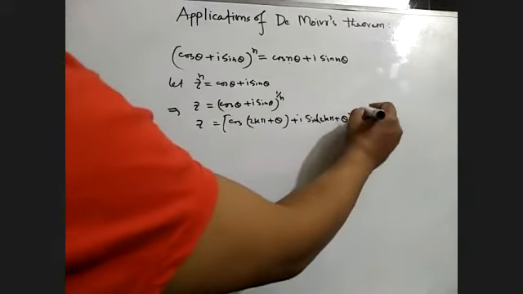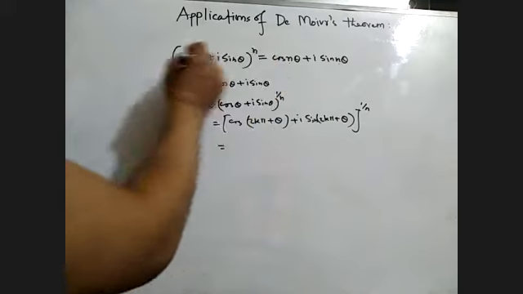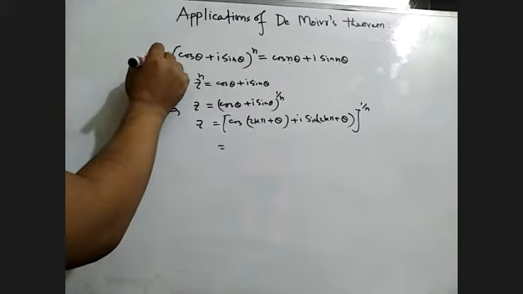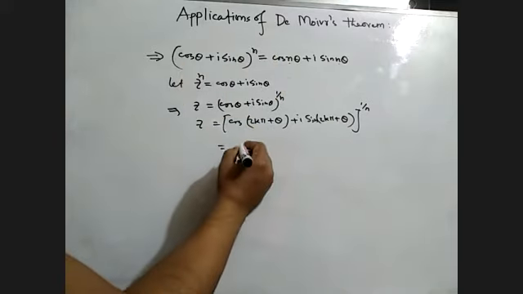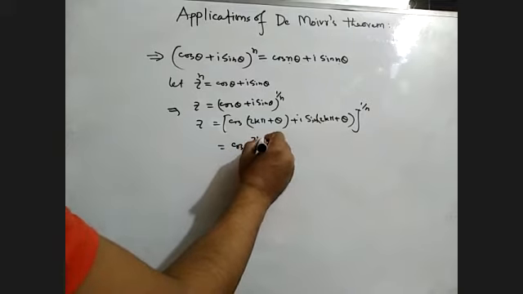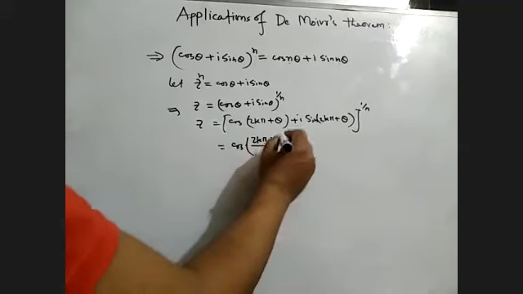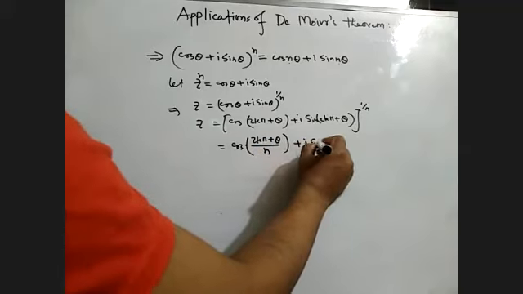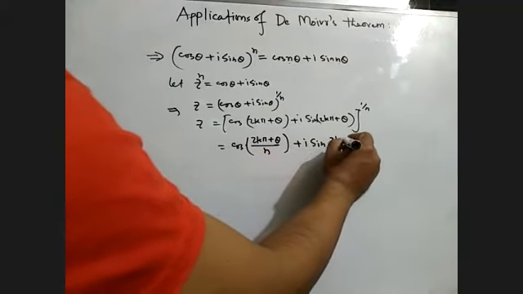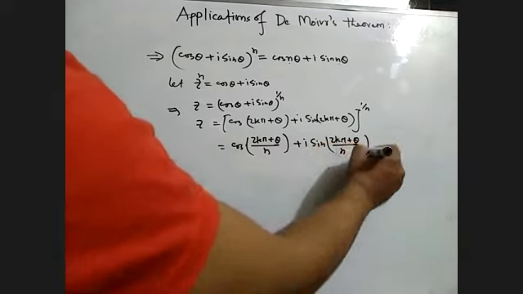So by De Moivre's theorem, we can write this as cos((2k pi + theta)/n) + i sin((2k pi + theta)/n).